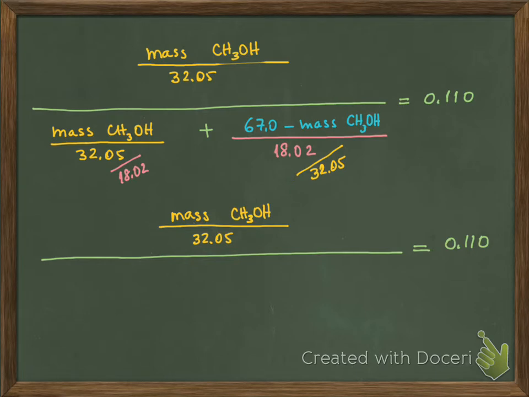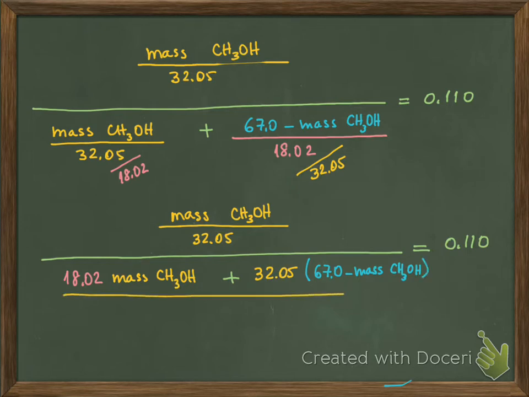Divided by the first fraction, 18.02, mass of methanol plus 32.05, multiply in the parentheses of 67 minus mass of methanol. And this is all divided by the multiplication of those two numbers in the denominator.